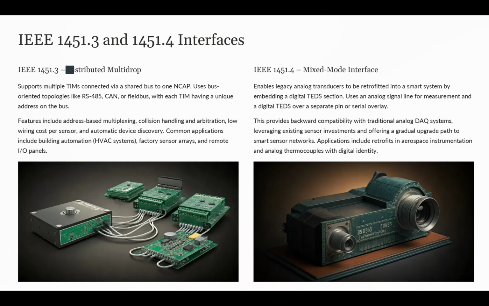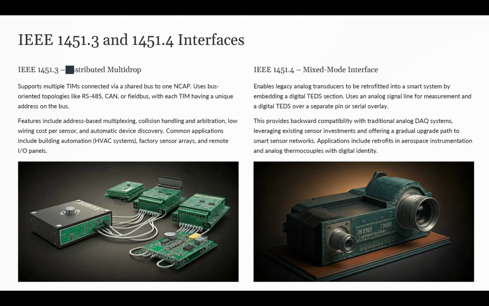Because all the TIMs share the same physical bus, it significantly reduces the wiring complexity and cost, which is very beneficial for larger scale installations like factories or buildings.